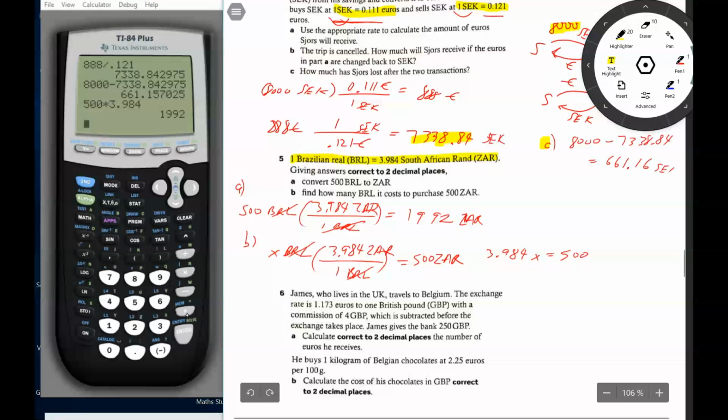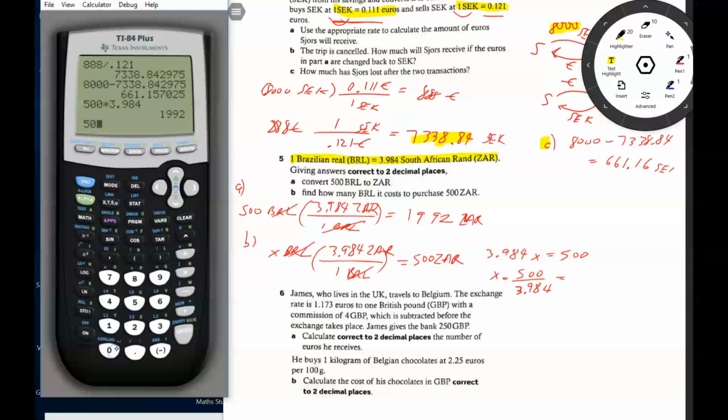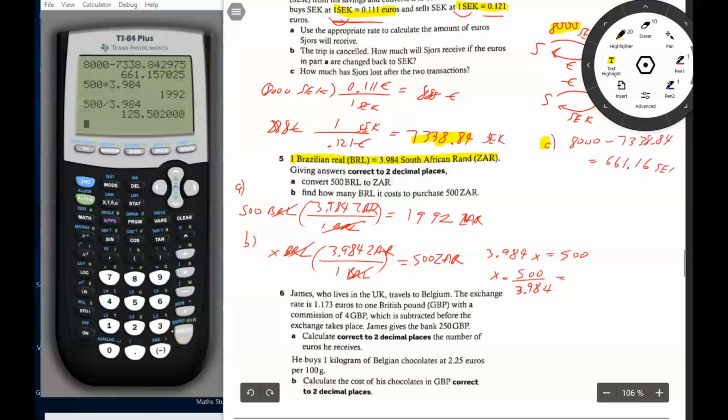Okay, and so basically if I do X equals 500 divided by 3.984, that's going to be my answer. 125.50. That's how many Brazilian real he needs to purchase 500 ZAR.